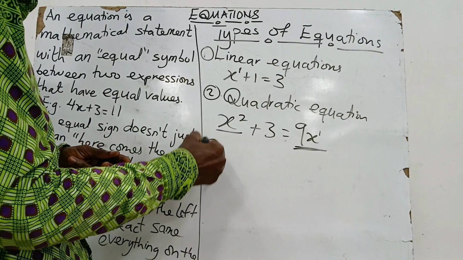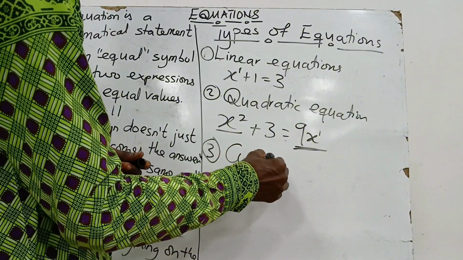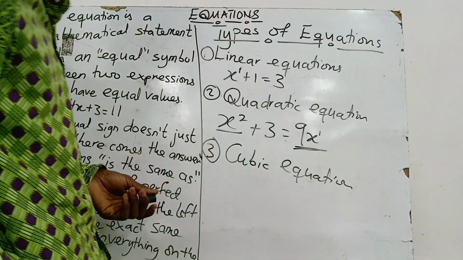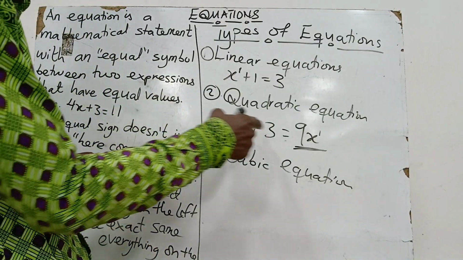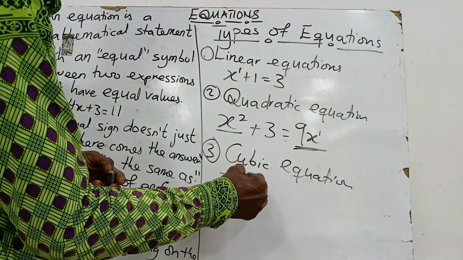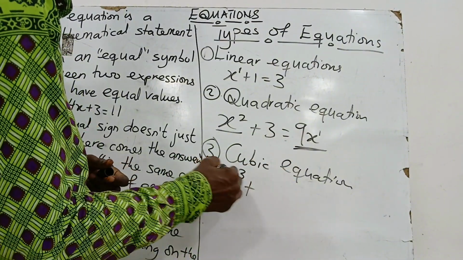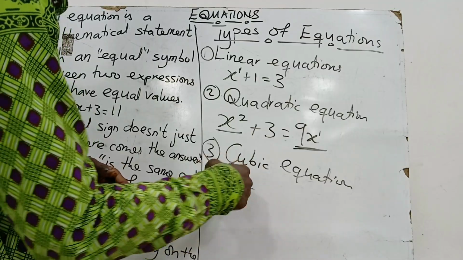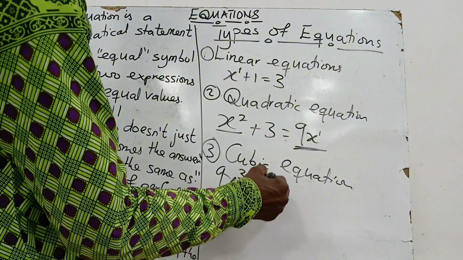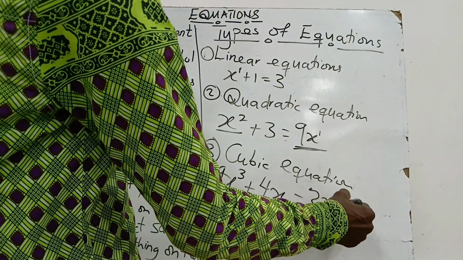Now the third equation I want us to talk about is a cubic equation. What do you think is going to be the highest power any of the letters will be? 3, exactly. x raised to the power 3, right? It can be 9x cubed plus 4x is equal to 3x squared.